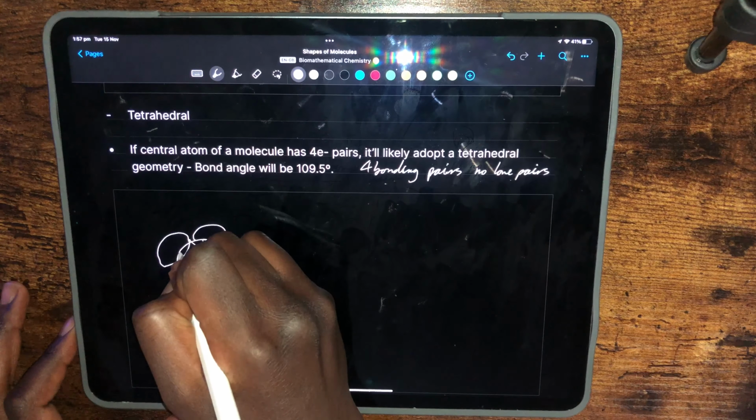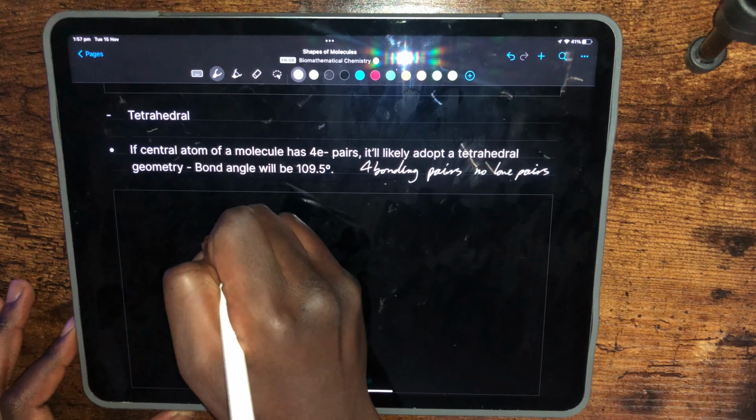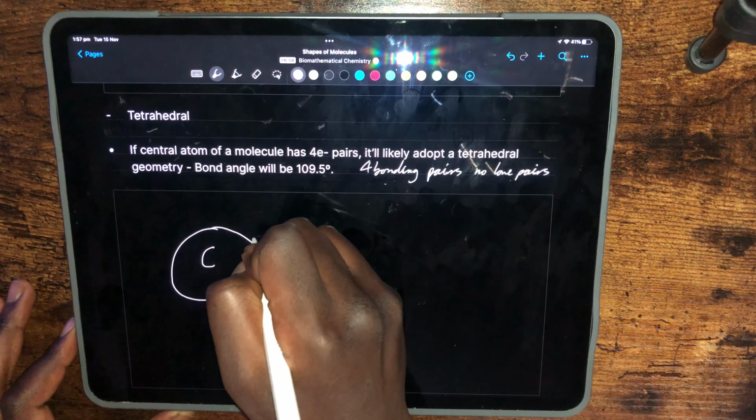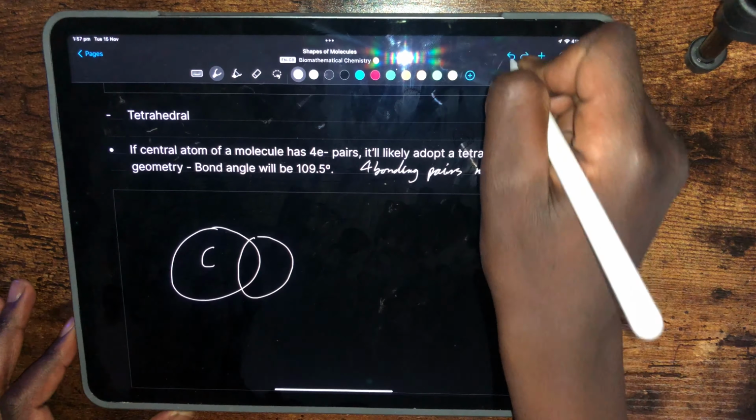Let me make it a bit bigger. So carbon has 4 electrons in the outermost shell, and each hydrogen donates its own electron, which completes that. There's 4 bonding pairs and no lone pairs.